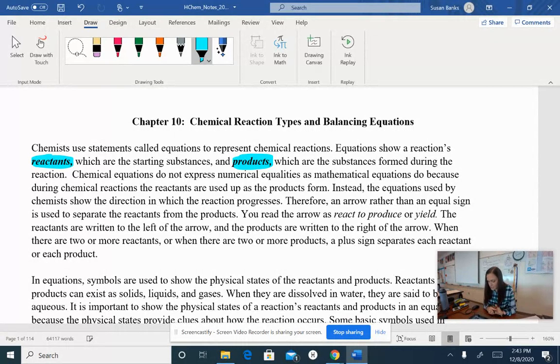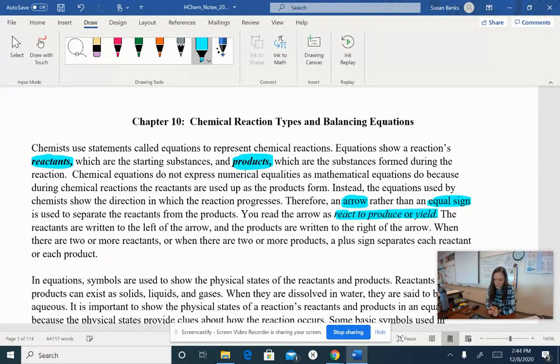So instead, the equations used by chemists show the direction in which the reaction progresses. Therefore, we use an arrow rather than an equal sign to separate the reactants from the products. You should read the arrow as react to produce or yield. It's not equal, but it reacts to make or yield or produce the following.